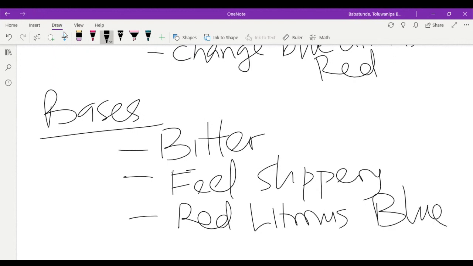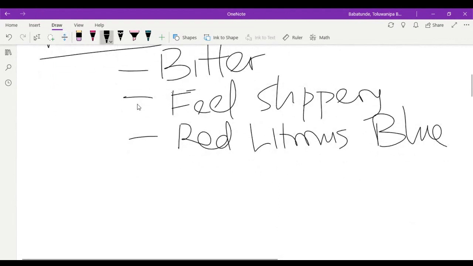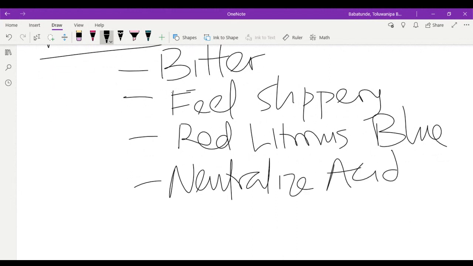And of course, they also have the ability to neutralize acid. So these are properties of bases. We have common bases. Examples are sodium hydroxide, potassium hydroxide, sodium carbonate, and so on and so forth.